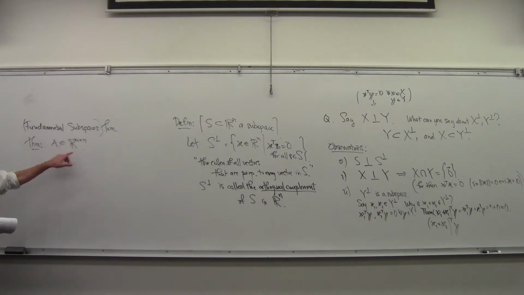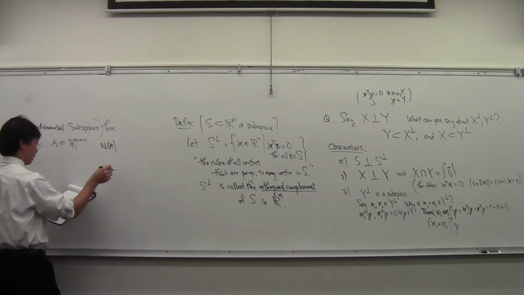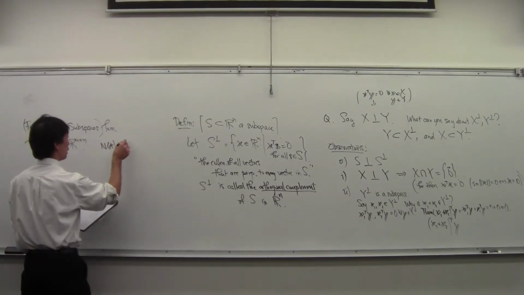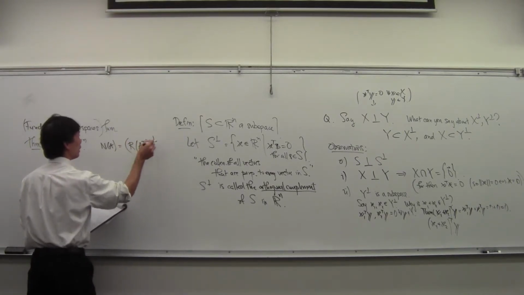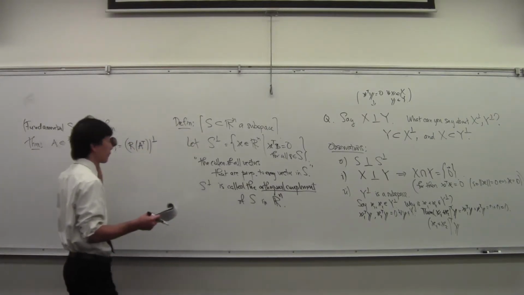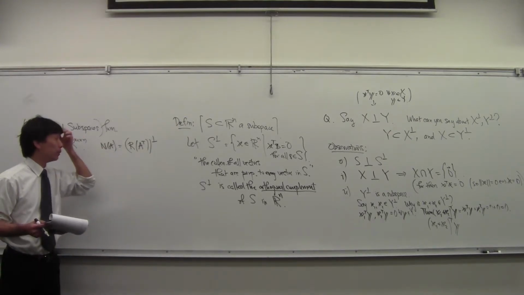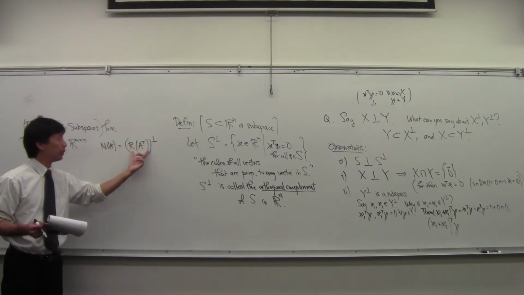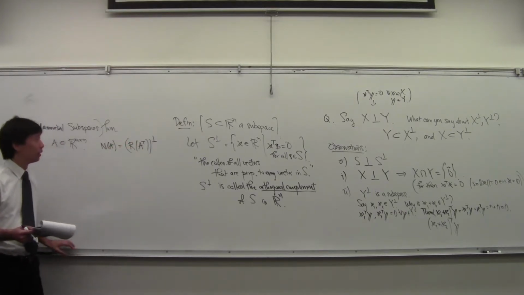If you have an m by n matrix A, then the null space of A is equal to the orthogonal complement of the range of A transpose. The null space of A is the orthogonal complement of the range of A transpose.